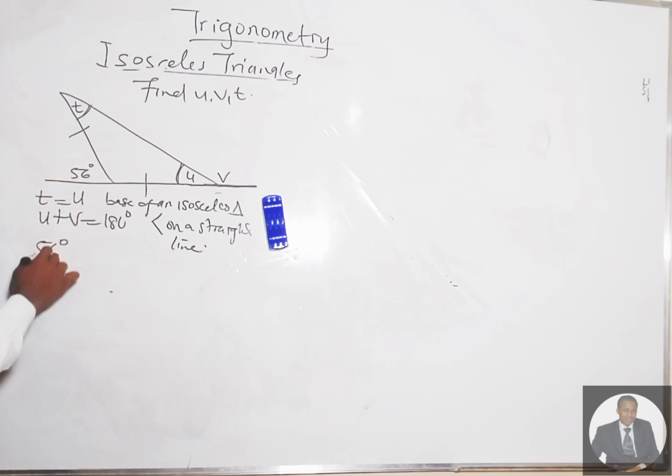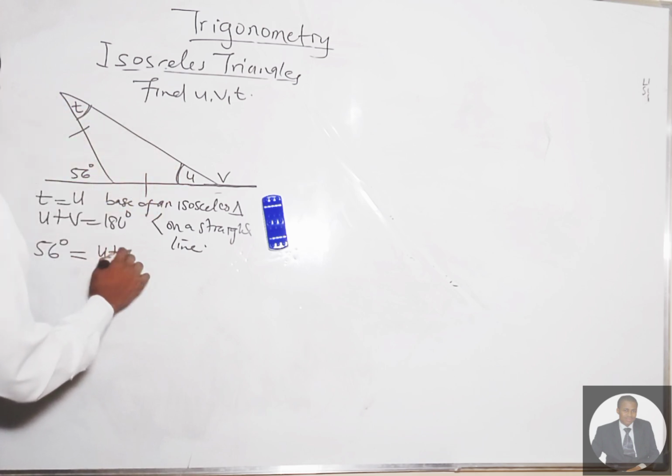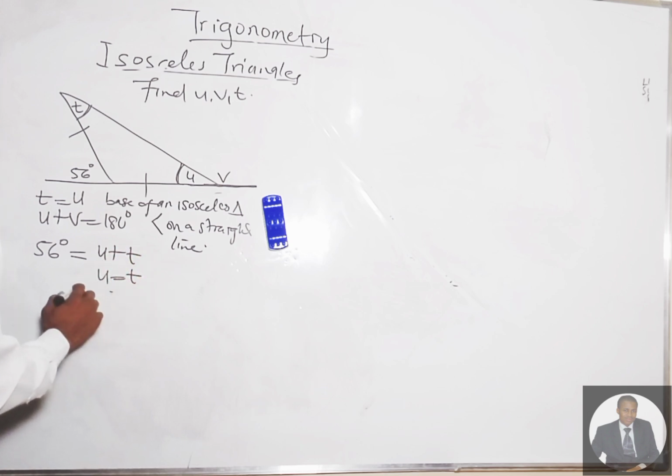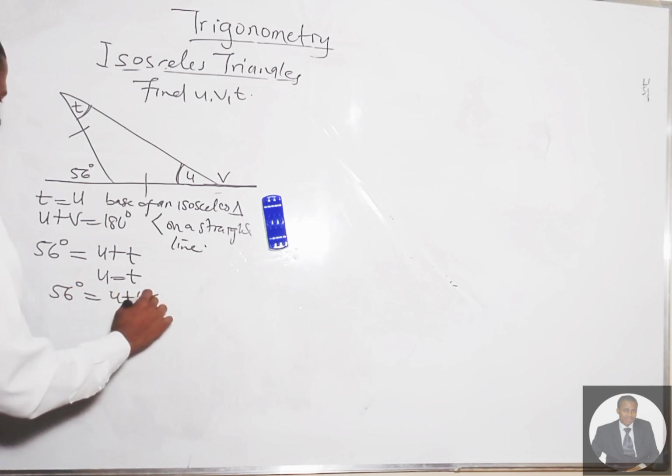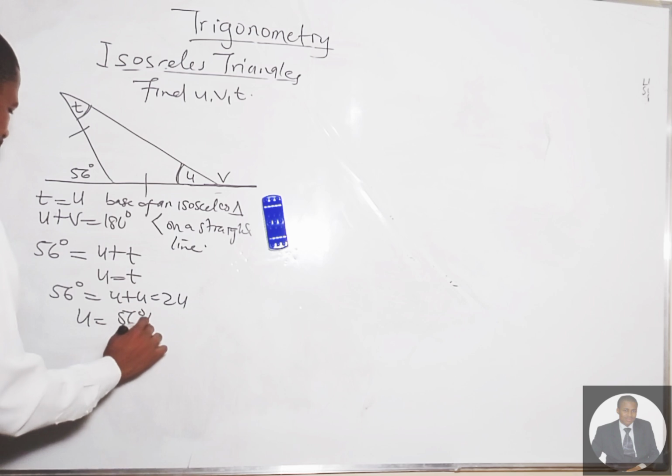56 degrees, which is the exterior angle, is equal to the sum of the two angles facing it, U plus T. And we know that U is equal to T. So we can say 56 is equal to U plus U, which is 2U. So U will be 56 degrees divided by 2.